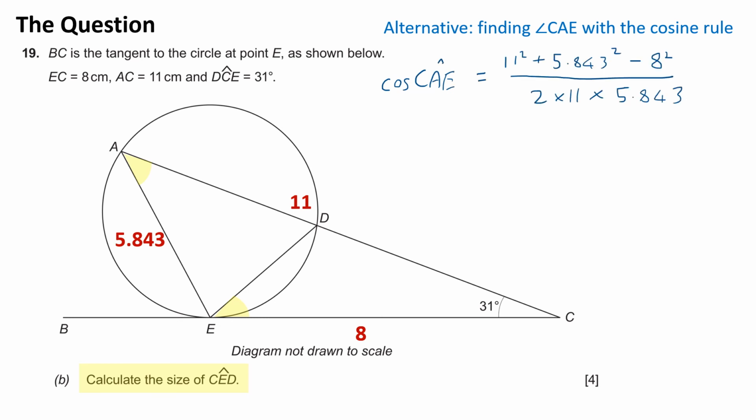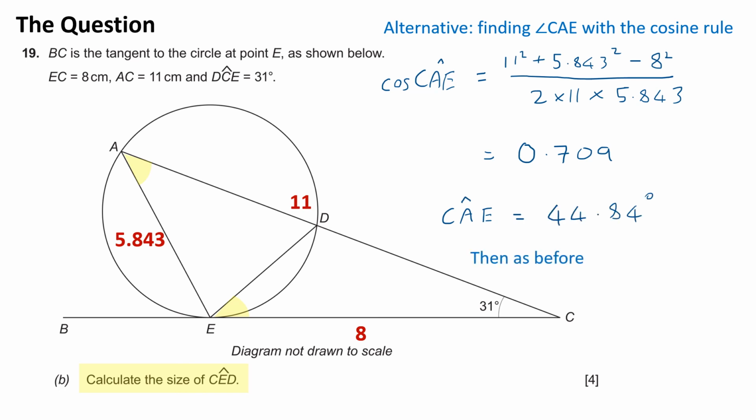We're using the form that I mentioned earlier, where we start with the cosine of the angle expressed in terms of the side lengths. If you want to start with the classic form on the front of the paper, by all means do so, and then rearrange it to find the angle. But there we go, we've got the cosine of the angle. We evaluate the right hand side using our calculator, and then we take the inverse cosine of both sides to get us an angle.